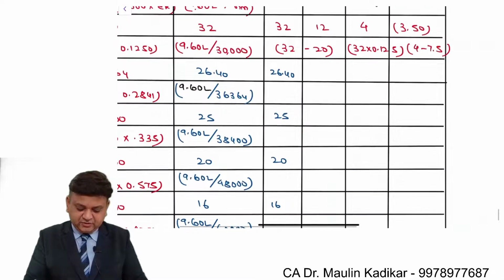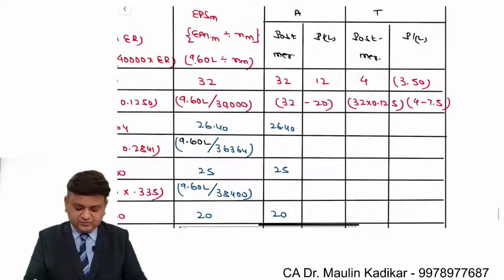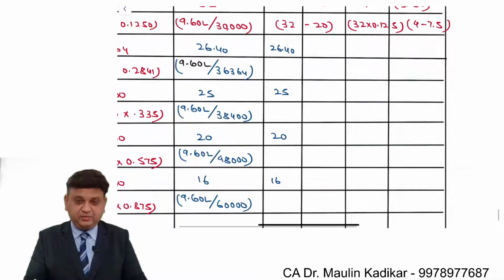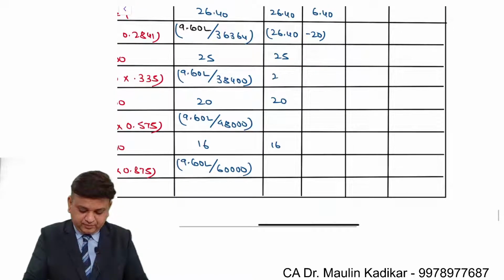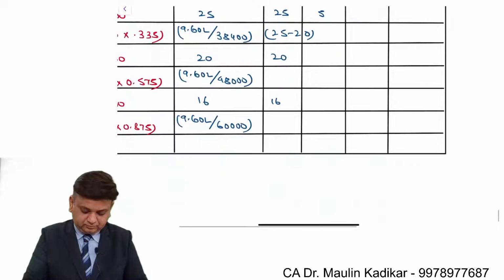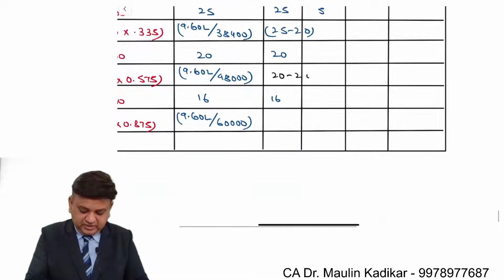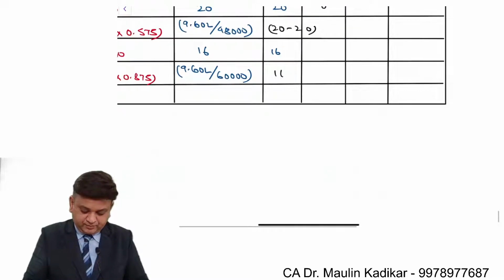So EPS attributable to A Limited in the merged firm minus EPS of A before merger. That is 26.4 minus 20, that is 6 rupees 40 paise. 25 minus 20 comes to 5. 20 minus 20 is 0. 16 minus 20 is negative 4.